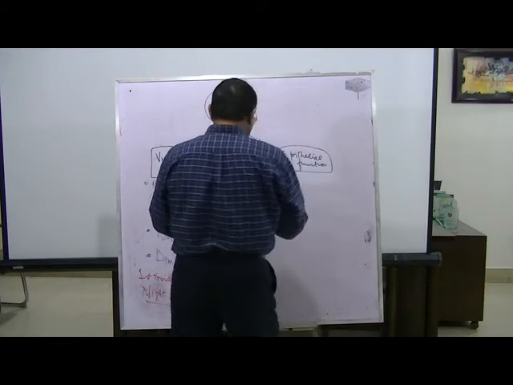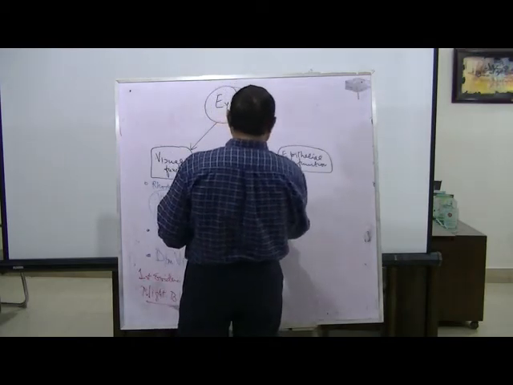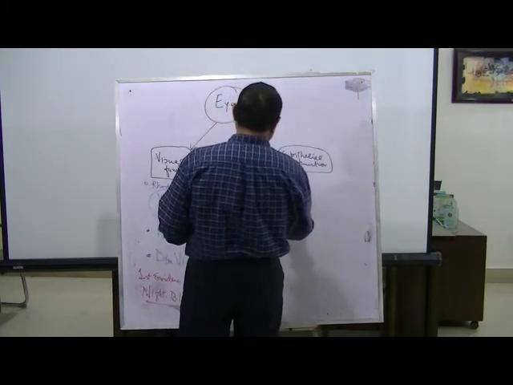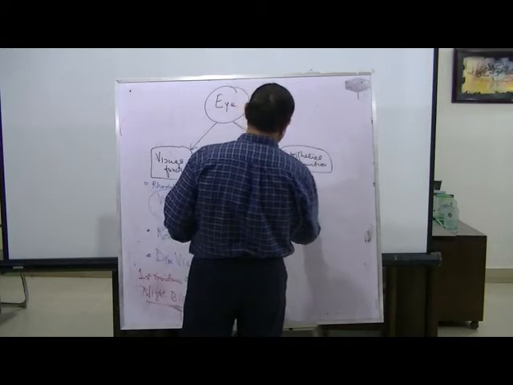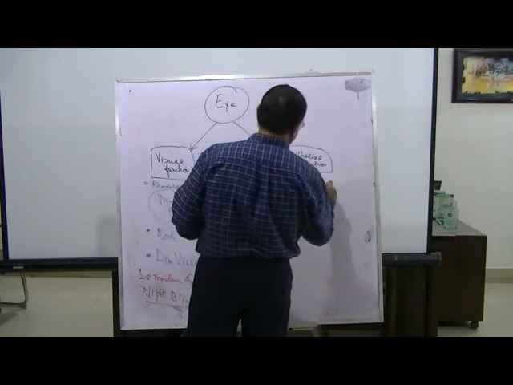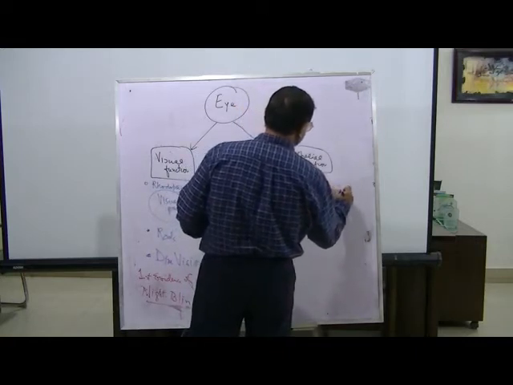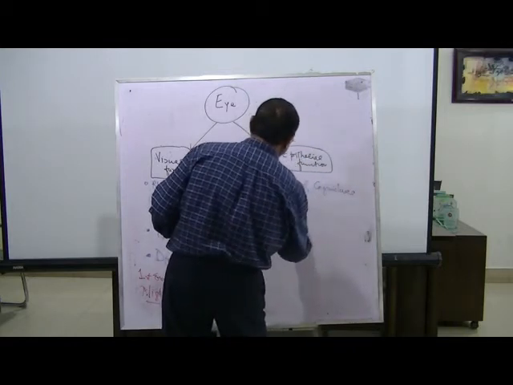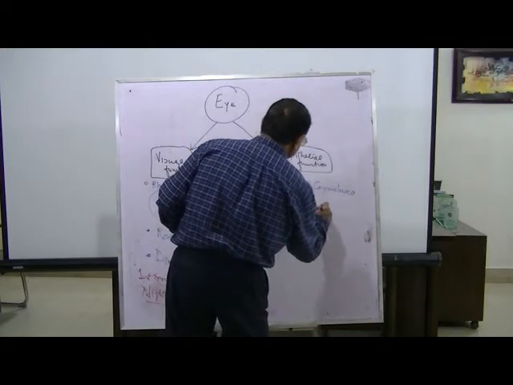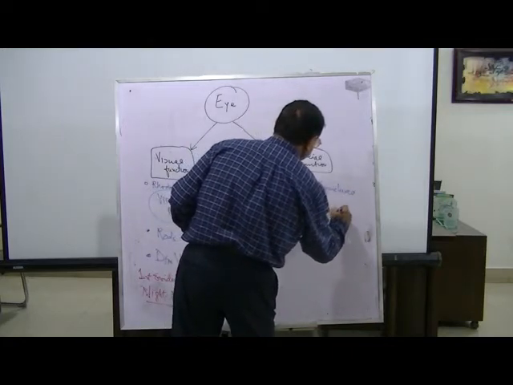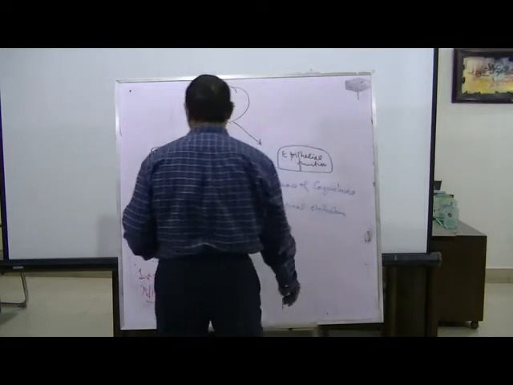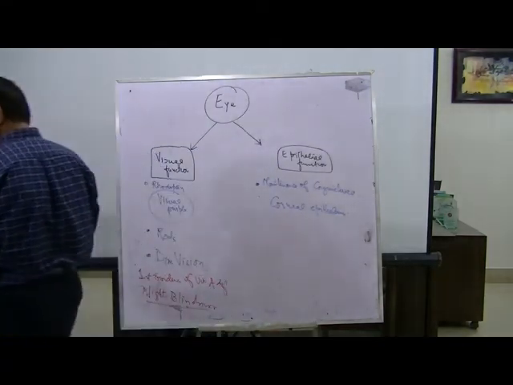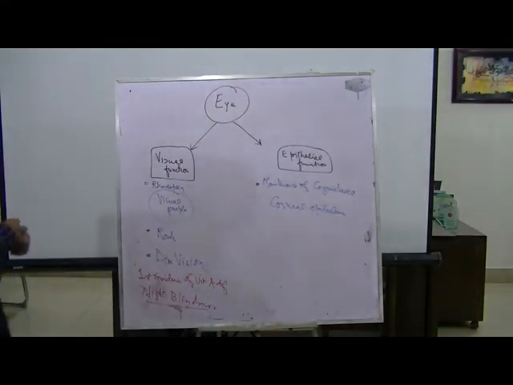Epithelial function in the eye is the maintenance of conjunctival and corneal epithelium. So it has two functions in the eye.